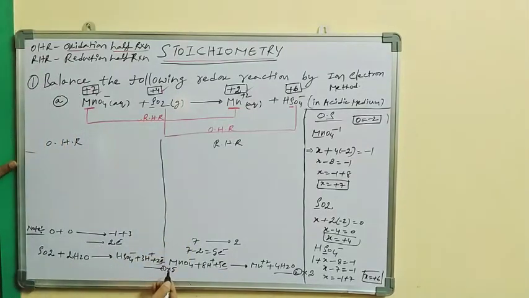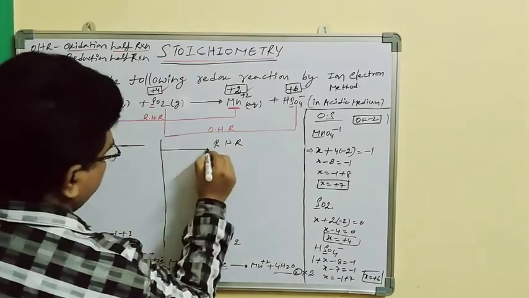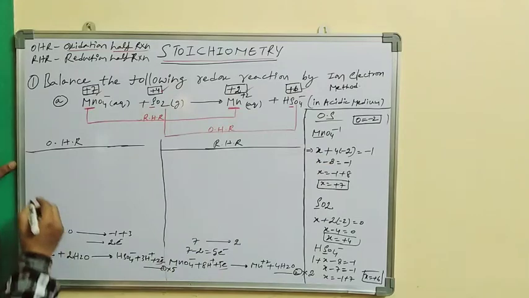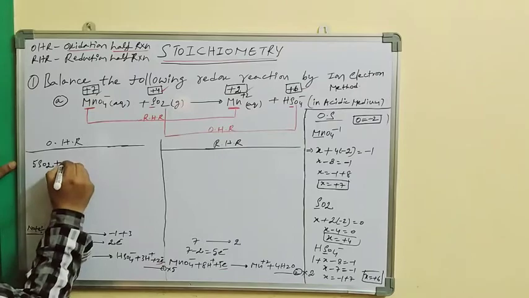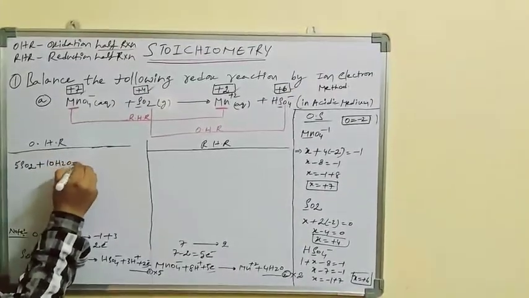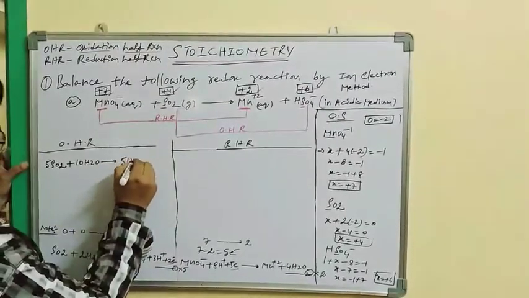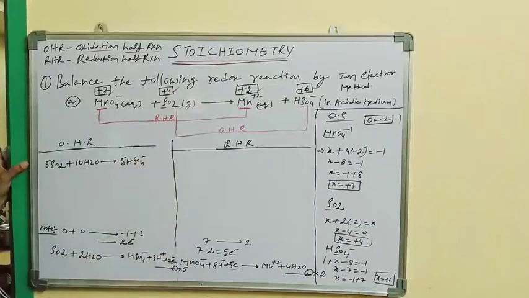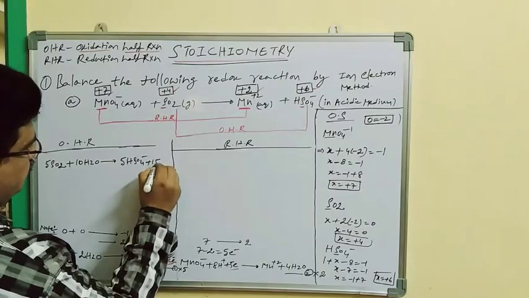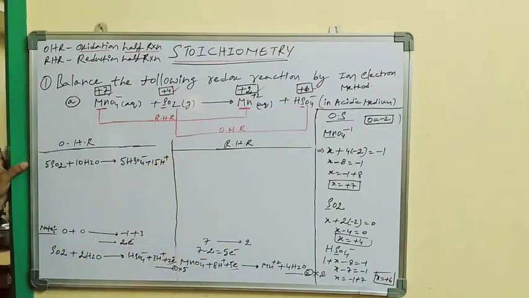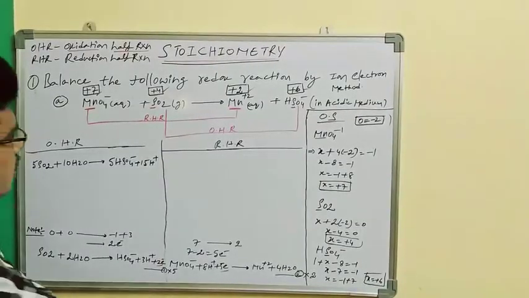Here the first equation is multiplied with 5: 5 SO2 plus 5 twos, 10 H2O, gives rise to 5 HSO4 minus, plus 5 threes, 15 H plus. 15 H plus, so 5 twos are 10 electrons.